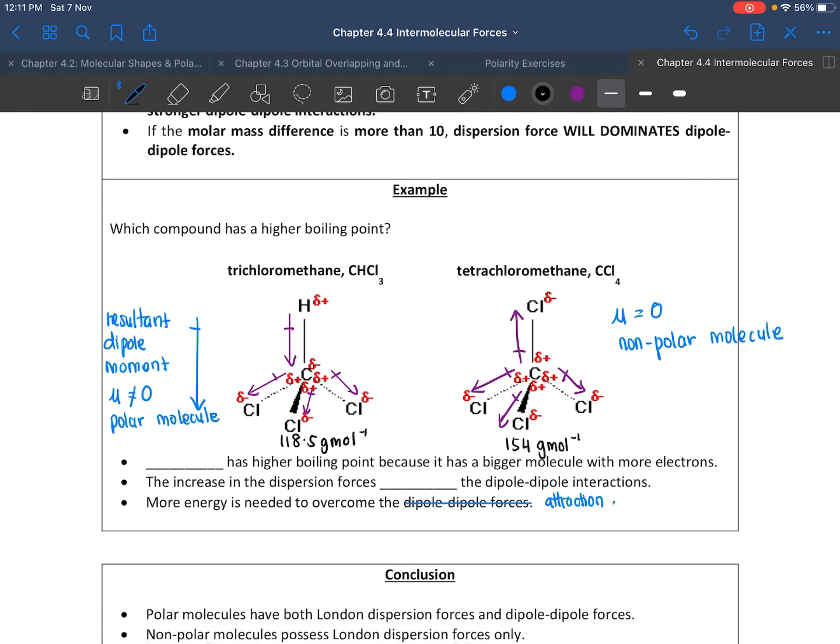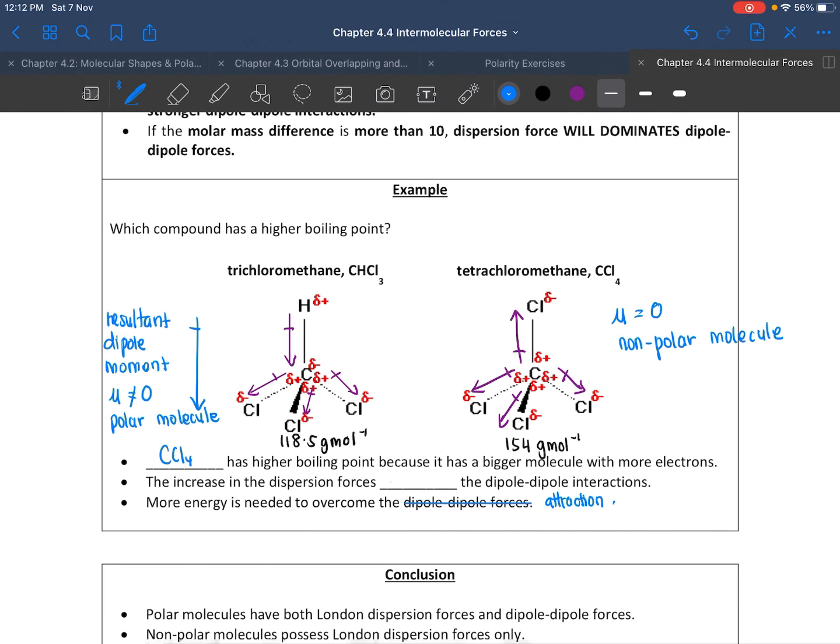Okay, so tempat kosong sini adalah CCl4 has higher boiling point because it has bigger molecule with more electron, ataupun it has bigger molecule with high molecular weight pun boleh. Okay, the increase in the London dispersion forces, tempat kosong, the dipole-dipole forces. So, kiranya bila the difference, okay, atas ni pun ada, molar mass difference is more than 10, that means dispersion forces will dominate the dipole-dipole forces.